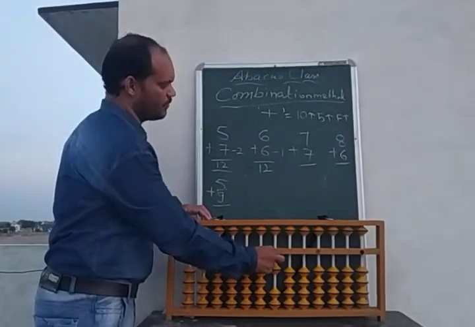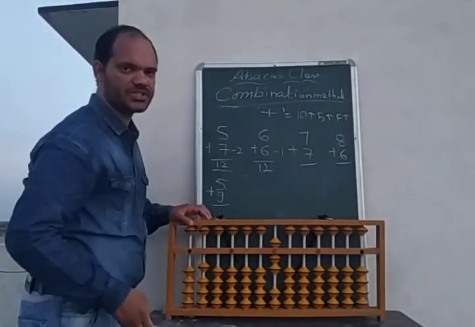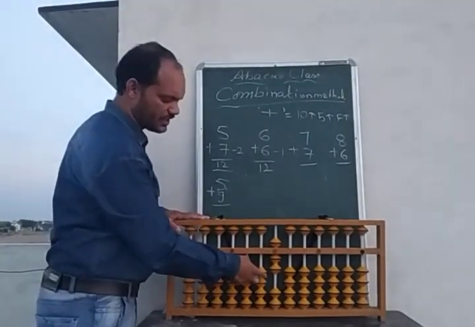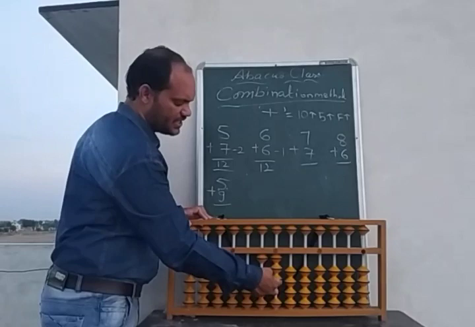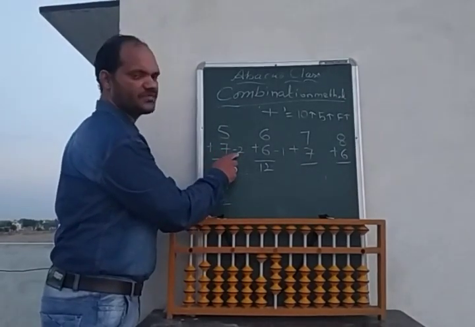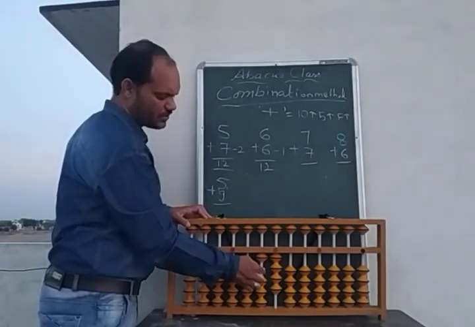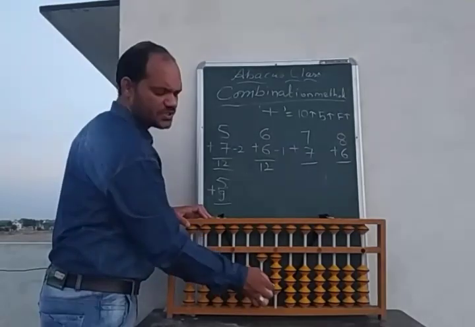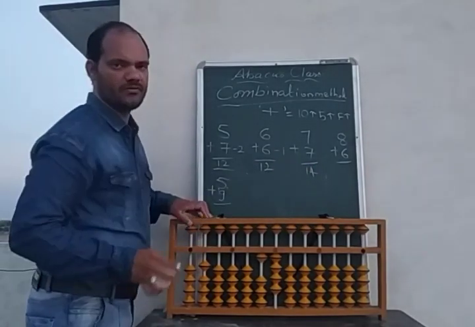One more problem: 7 plus 7. You are making 7 on the units rod. In combination we know 10 up, 5 up, and the 7th friend is 2, so I up 2. Now you can see on the tens rod 1 and on the units rod 4. So 1, 4, it is 14.